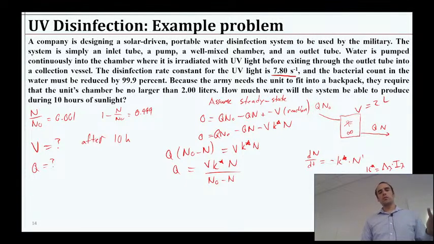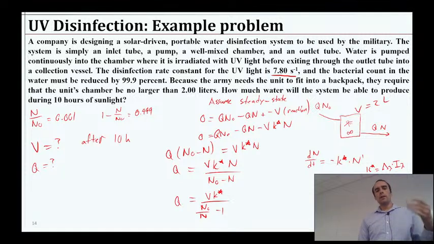We'd like it to be in some form of N over N naught. So I think I'll divide the top and the bottom here by N and see what happens. We could have also just solved it for N over N naught in the first place and then rearranged for Q. That would also work, but I just happen to be doing it this way. So that's going to be V k star times N over N divided by N naught over N minus 1.